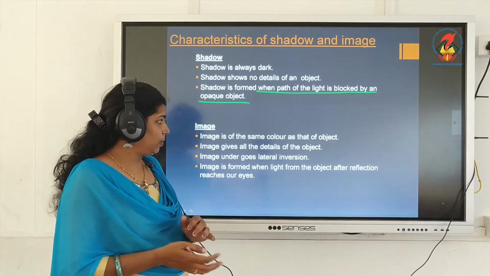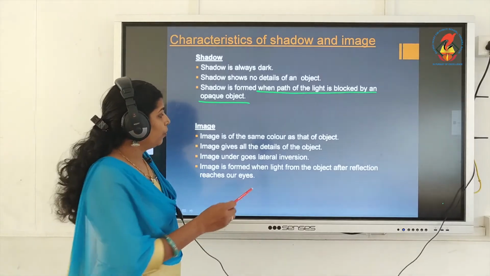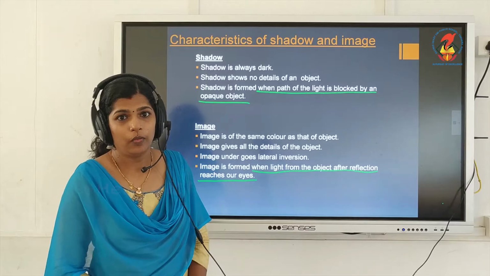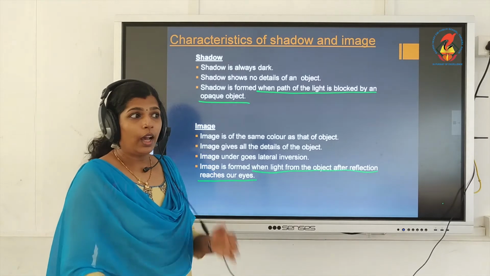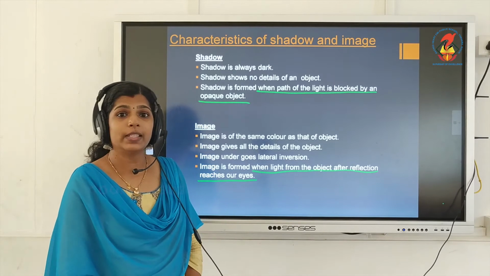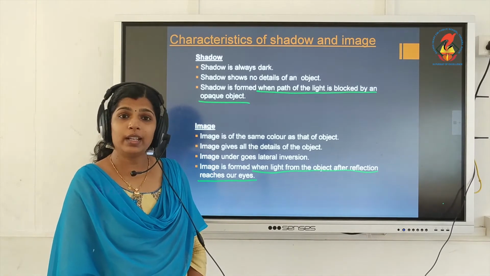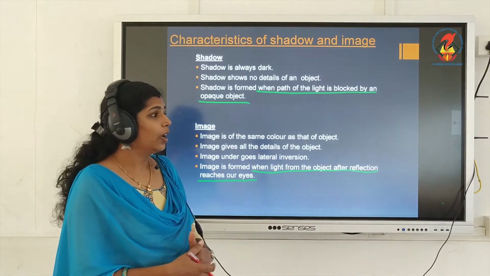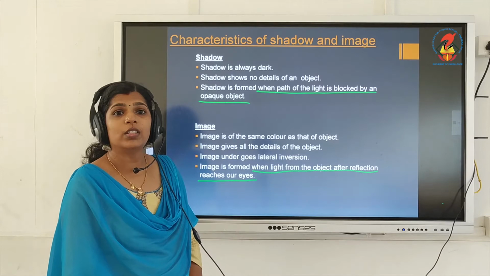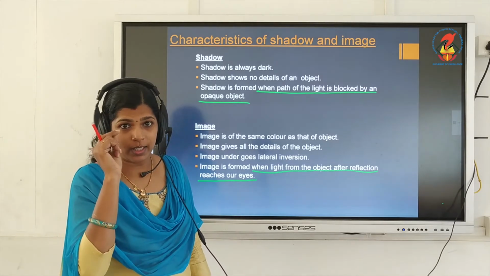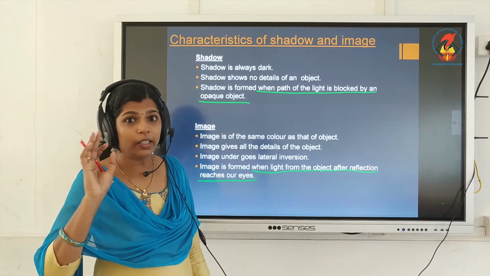Now image. An image is formed when light from an object after reflection reaches our eyes. When light from an object after reflection reaches our eyes, then we will see that object or that image. Actually that image will be formed in our eyes, on the screen called the retina.